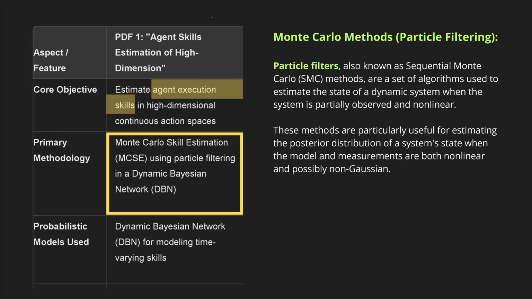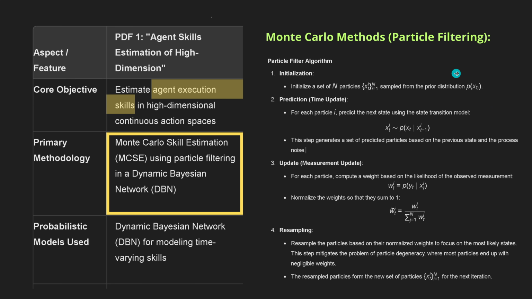These methods are particularly useful for estimating the posterior distribution of a system state when the model and the measurements are both non-linear and the distribution is non-Gaussian. And you say, how is it possible that we can compute something with this complexity? Well, this is the beauty, if you want, of Monte Carlo methodologies.